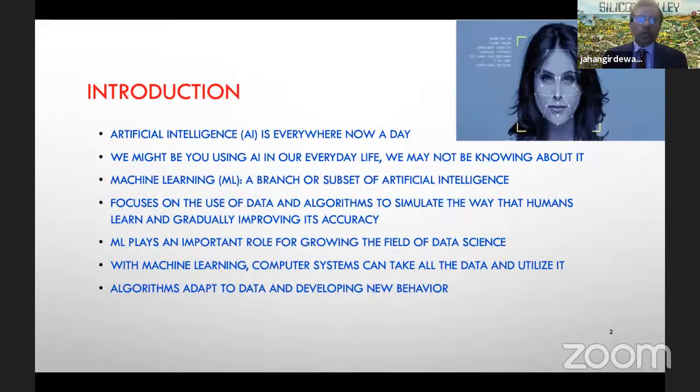And also, at the same time, it trains on the data and makes more accurate predictions. So it's on top of, you can say, data science or data analytics. Machine learning is built in most of its cases, and in many computer systems, they utilize this concept of data science and machine learning.